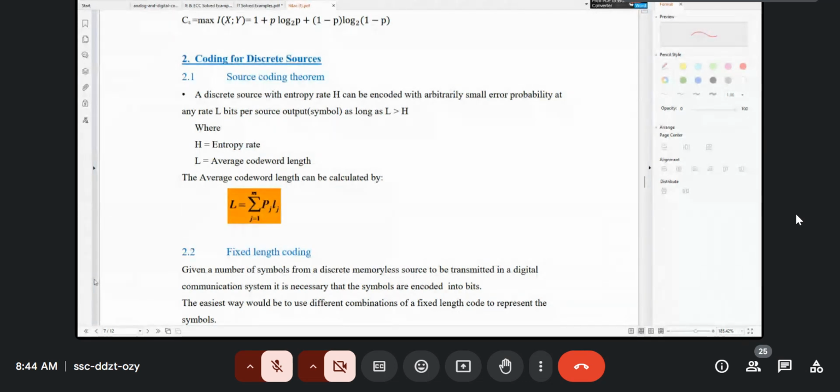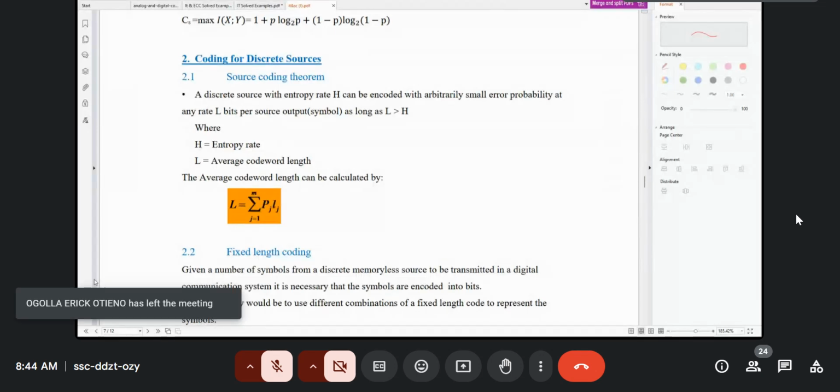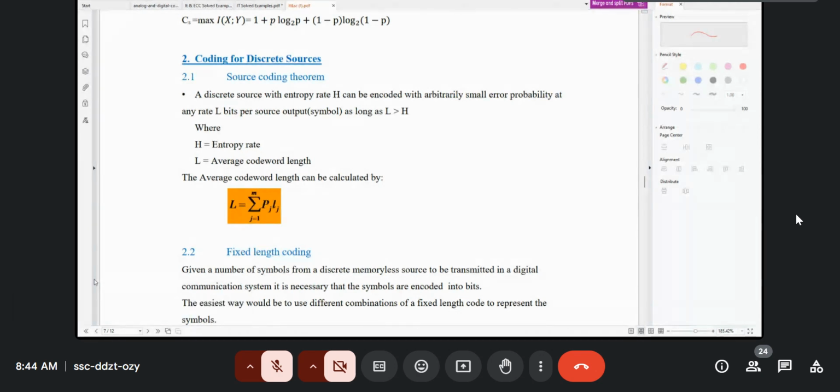Soba, Yusuf, Mohammed, just tell us, for an analog source, what you have to do to be able to use a digital transmission system. The steps you have to follow. Just give me the first step. Somebody will give me a second step. Soba Yusuf.